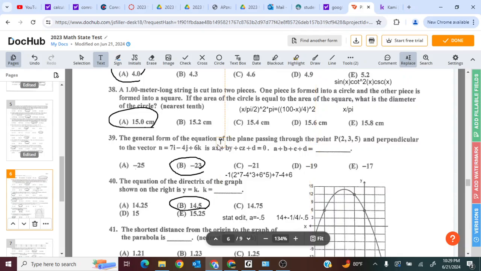Okay, general form of the equation of a plane passing through, that is that. A plus B plus C plus D is that. I don't completely understand these kinds of vectors, but the thing that's interesting to me is that what has worked and does give you the correct answer is doing dot products like you do on a lot of vectors: 7 times 2 minus 4 times 3 plus 6 times 5.